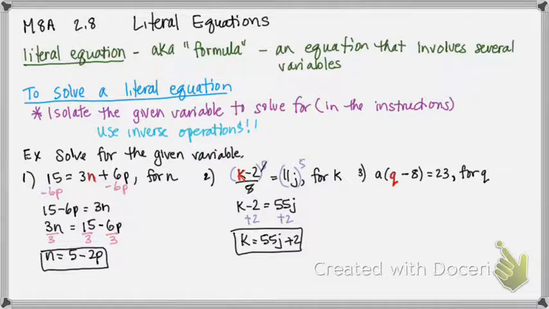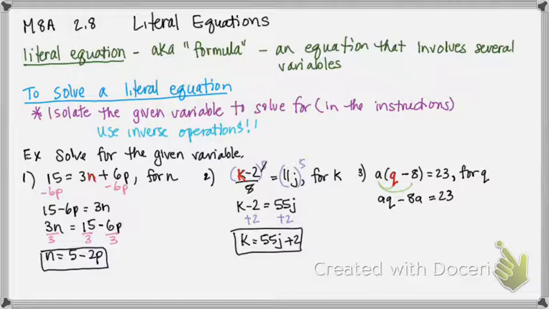One way is to distribute and get rid of the parentheses. We distribute a: a times q is aq, and then a times negative 8 gives me negative 8a, and that still equals 23.